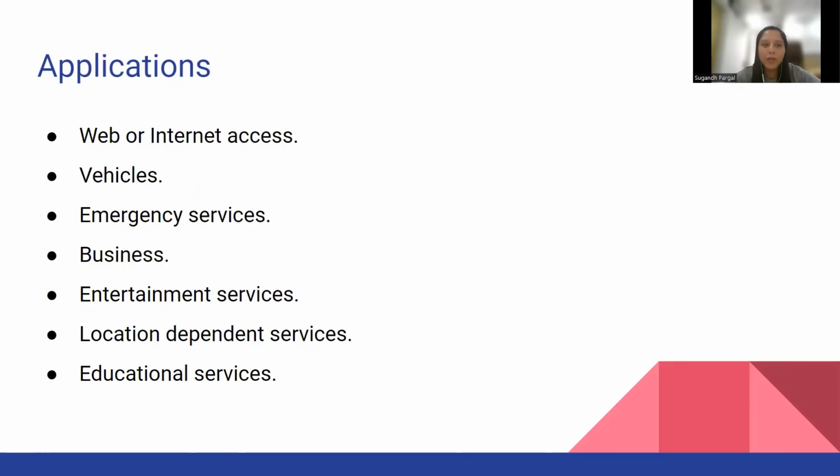Now we will look into the applications possible in case of mobile computing. First application is regarding the web or internet access. Earlier, we were not able to access the internet because of the fixed location of the internet at a certain location. But nowadays, the internet facilities are wirelessly communicated from one location to another, and it is available throughout the areas.